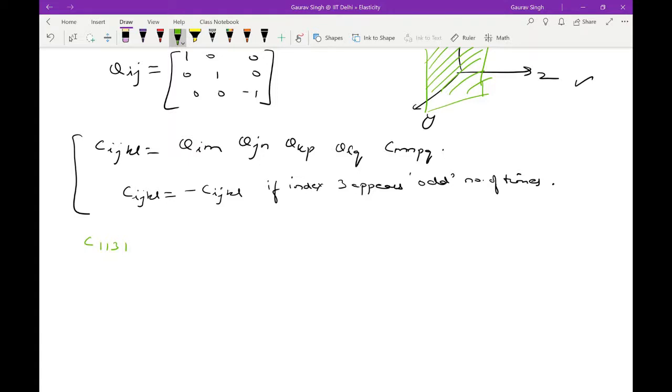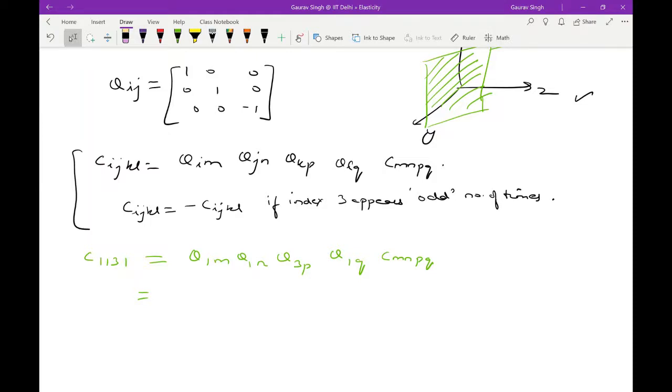This would mean that Q1m, Qj is 1n, Qkp, k is again 3, so 3p, and Qlq is 1q, Cmnpq. Now we want to expand it.